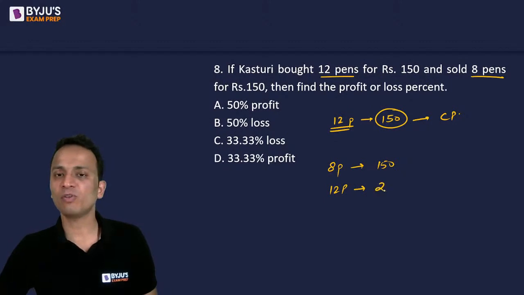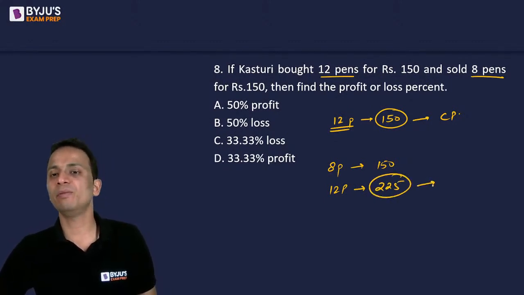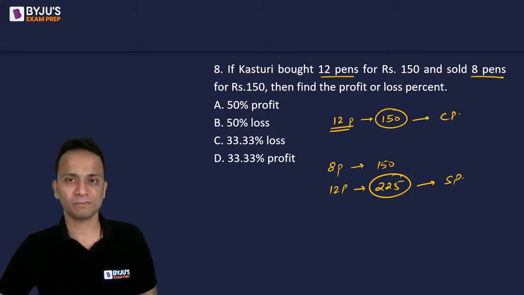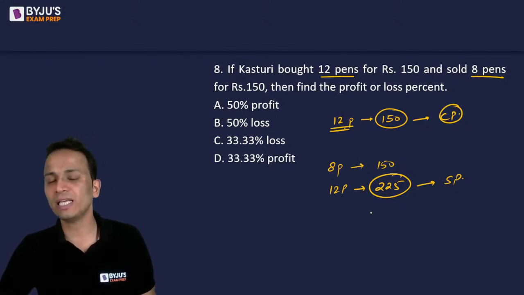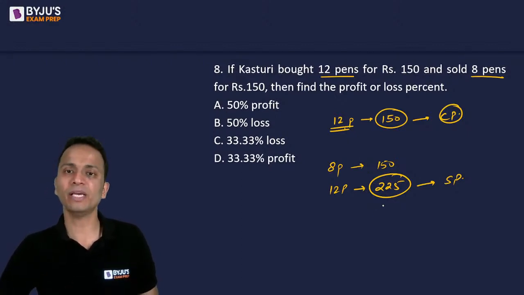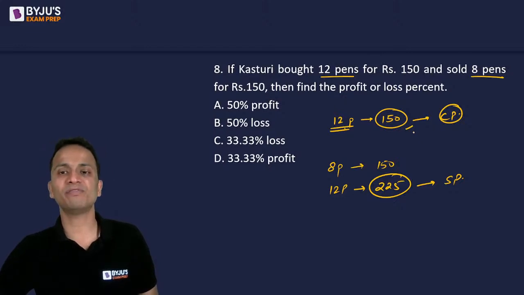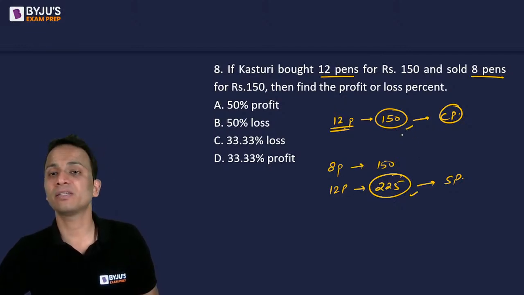By unitary method, it will be 225. Okay, so 225 will be considered as the selling price, right? And repeat, if I'm considering the cost price of 12 pens, I should also consider the selling price of 12 pens. Okay, so 12 pens ka cost price 150, 12 pens ka selling price 225.